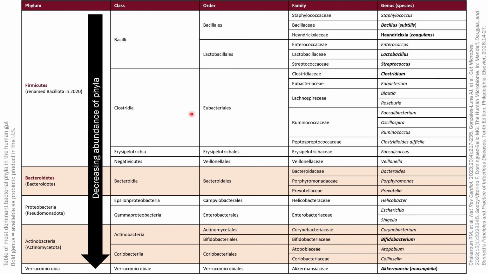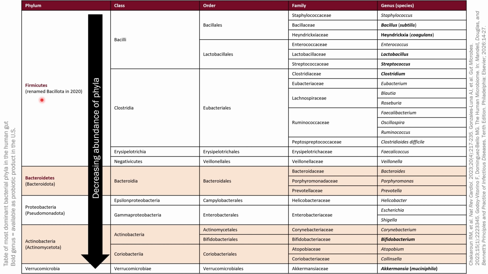Because there are so many organisms in the GI tract, it is helpful to organize them by phylum. Here I have listed the phyla in order of decreasing abundance, not necessarily by species or genus, but by phylum.